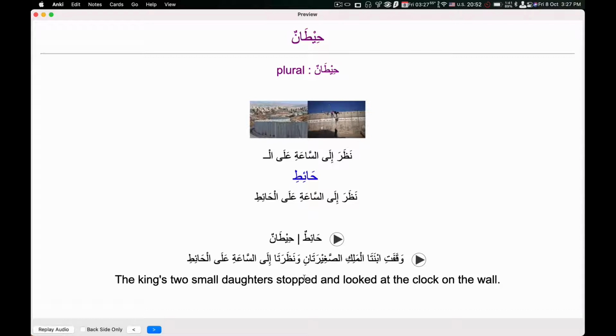I do know hitanu is wall, so I really don't need to create a sentence for it. I just need to know that it is wall. I can just have an image of a wall in my mind, and if it shows wall, okay, that means I'm correct. And then I can use the hint.